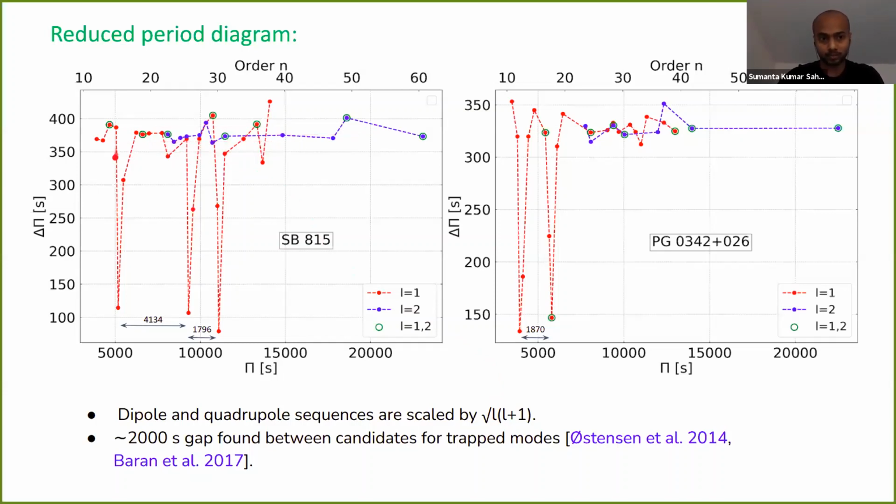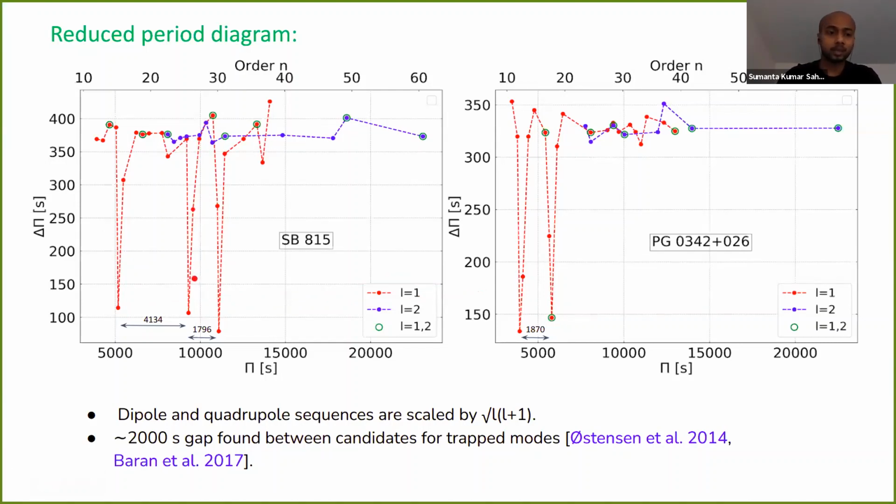Also, if we have trap modes in both L equal to 1 and other modes, those will also overlap. Unfortunately, we don't have any trap modes for the L equal to 2 sequence, and we can't be sure that what we found are real trap modes unless we do the modeling for these targets.